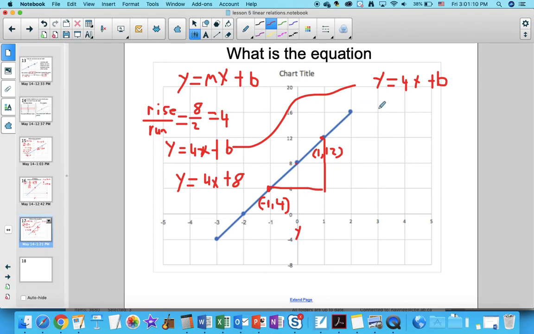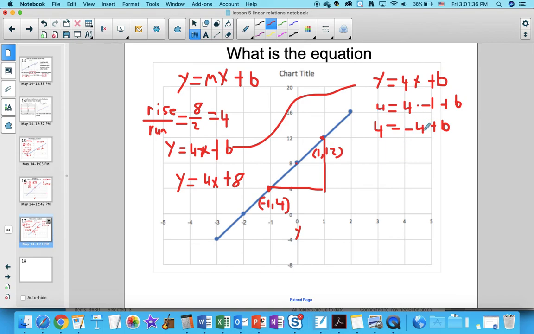So y is 4. So I'll replace the y with 4. And what's my x? -1. So I'll multiply it by -1 plus b. Well, 4 times -1, right, bad math, is -4 plus b equals 4.